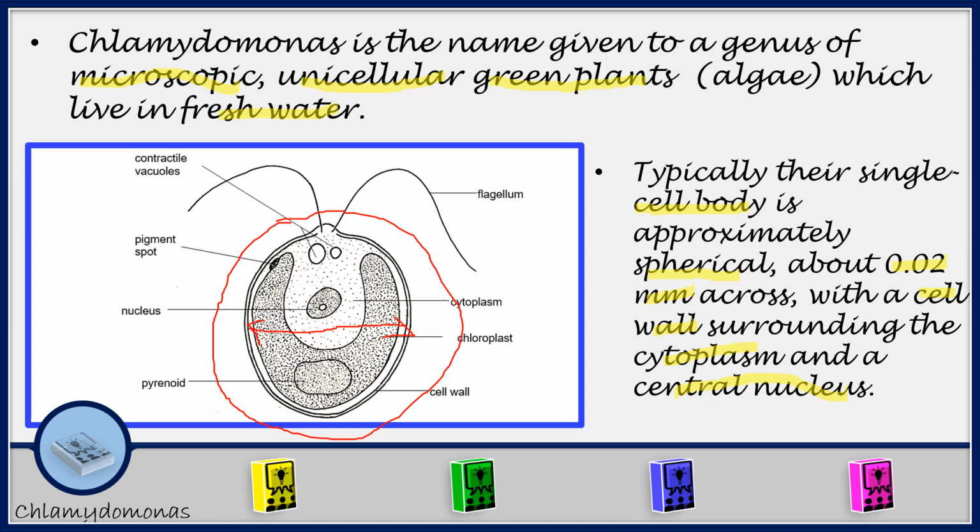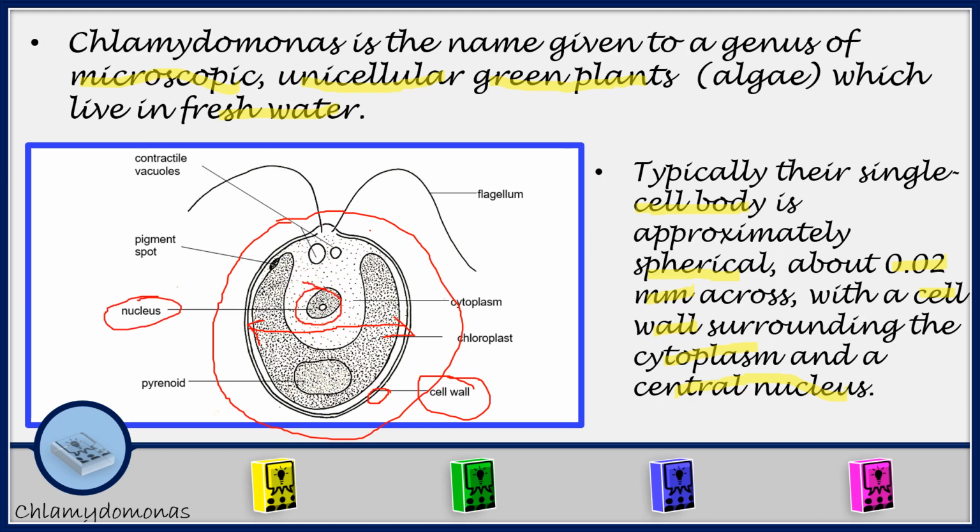And they have a cell wall. If you look at it outside here, we have a cell wall, which is surrounding the nucleus. Our nucleus is in the middle.